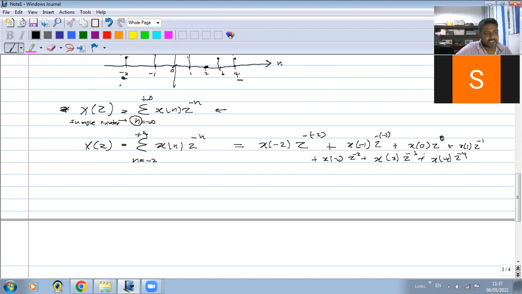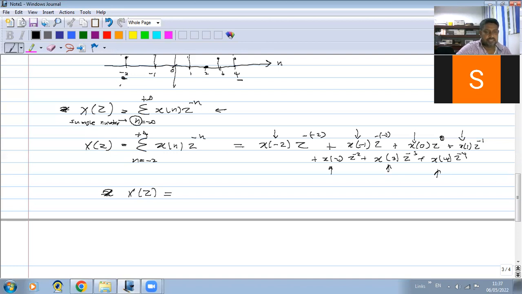Now you know the values of the samples. What you have to do is substitute these values, then you can find X(z), the capital X(z), which is the transformed signal.